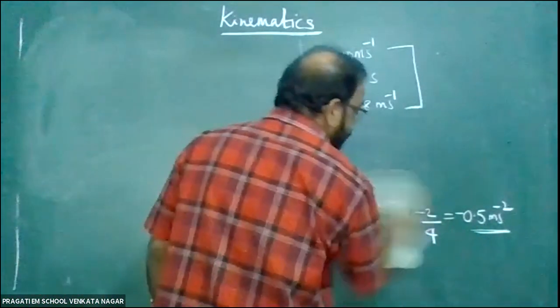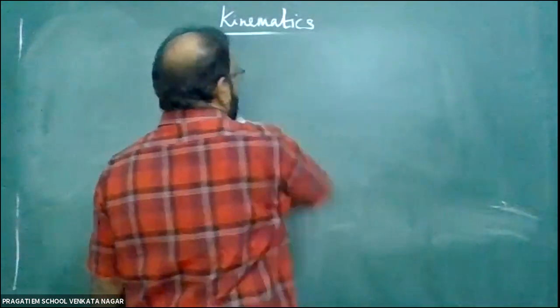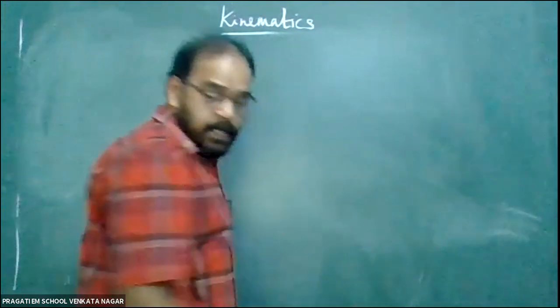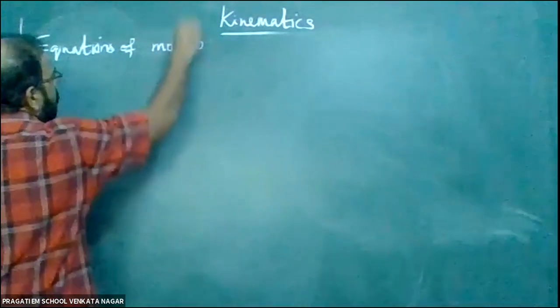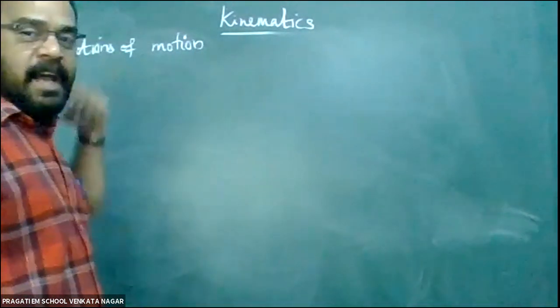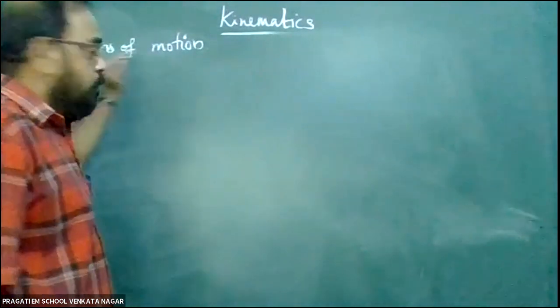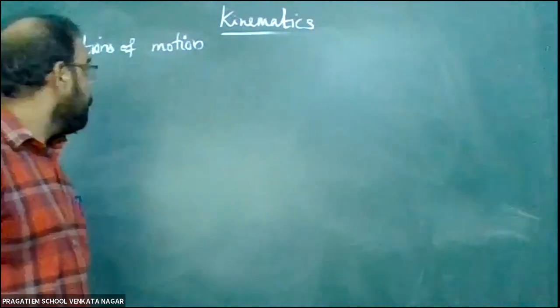Now we are going to the equations of motion. In a simple method, for a uniform acceleration or uniformly accelerated object, we are going to study the 3 equations of motion.